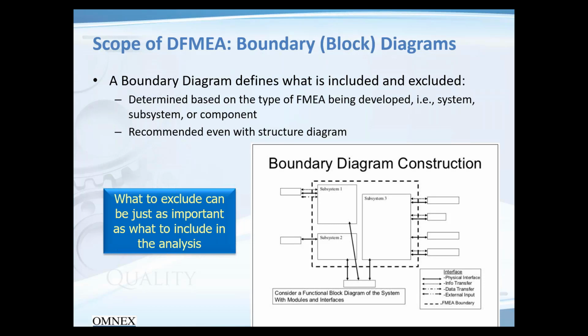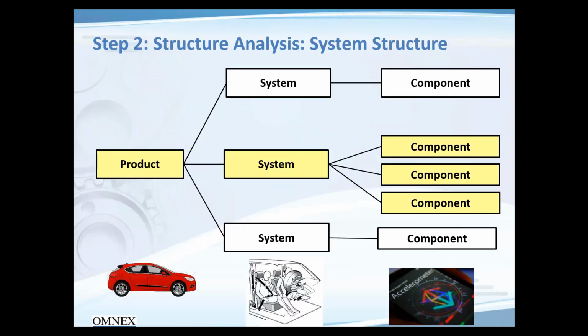So we at Omnex still recommend using boundary diagrams, even though it's not a requirement in the VDA AIAG FMEA Handbook, because what they now use is what's called a structure diagram.